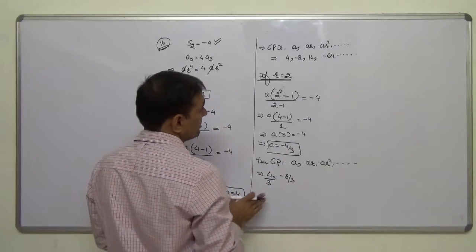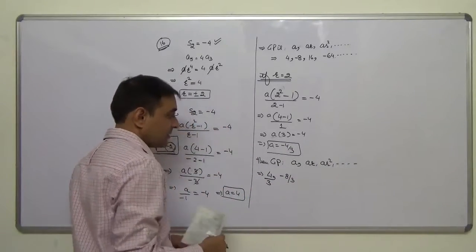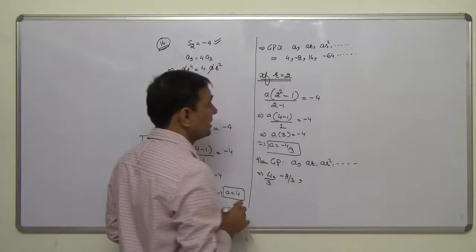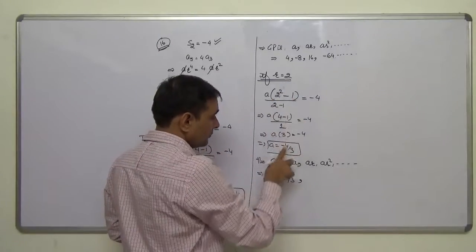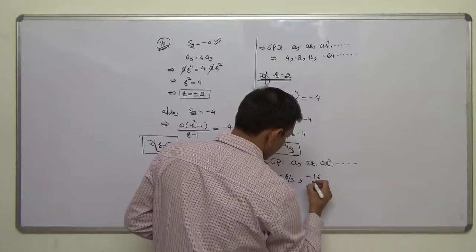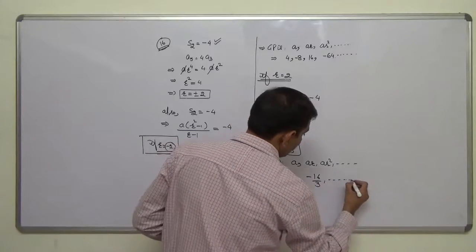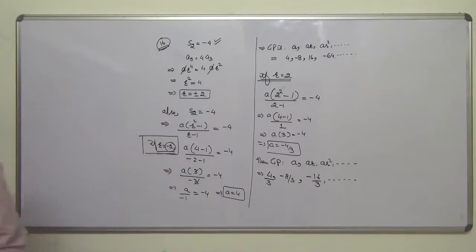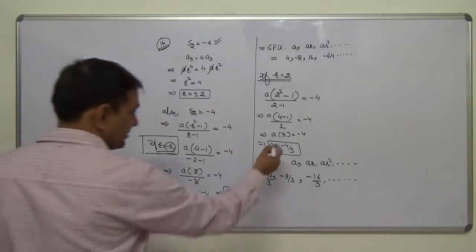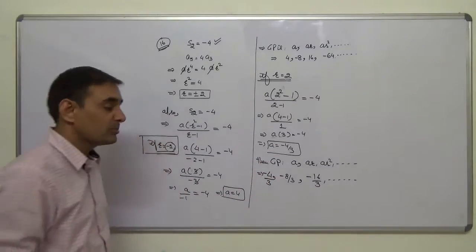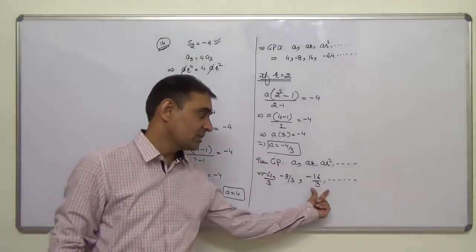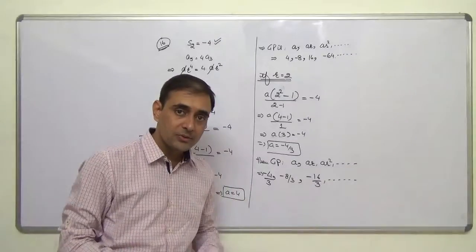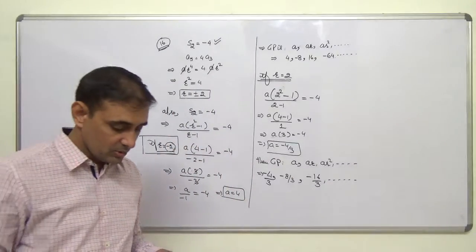First term is -4 by 3. Second will be -8 by 3. Next, R square will be 4, 4 into this, -16 by 3 and so on. So GP will be -4 by 3, -8 by 3, -16 by 3 and so on. So ये हमारी GP होगी.